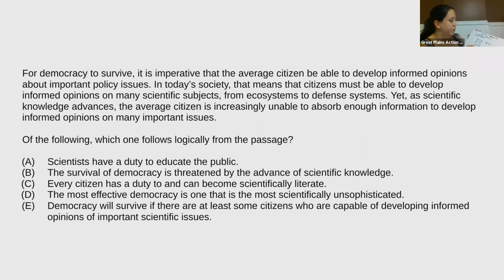We can switch some stuff around. We can perform transposition, which is a substitution of a logically equivalent form. If P, then Q is logically equivalent to, if not Q, then not P. If you think about it, it makes sense, right?